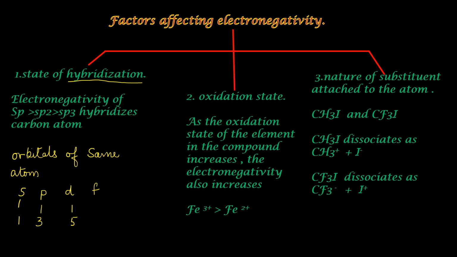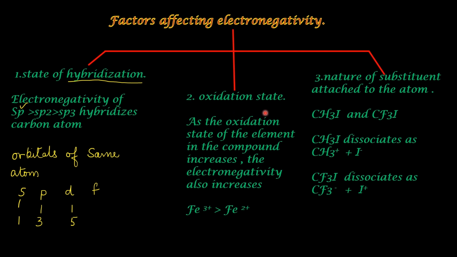When we come to the electronegativity of these three different types of hybridized carbon atoms, it is seen that the sp hybridized atom has more electronegativity than sp2, than sp3. So the electronegativity of that atom depends upon the compound in which it is present. So for any element, it is not constant.